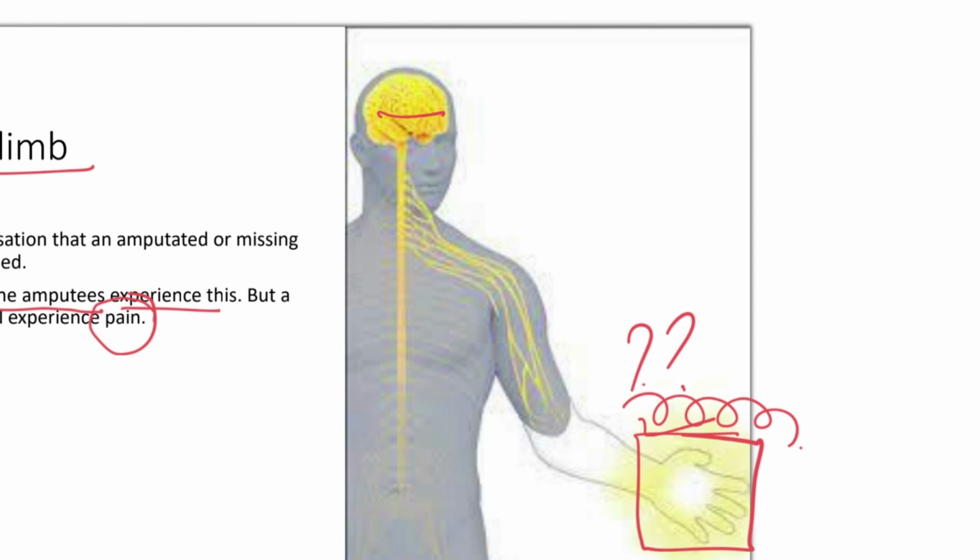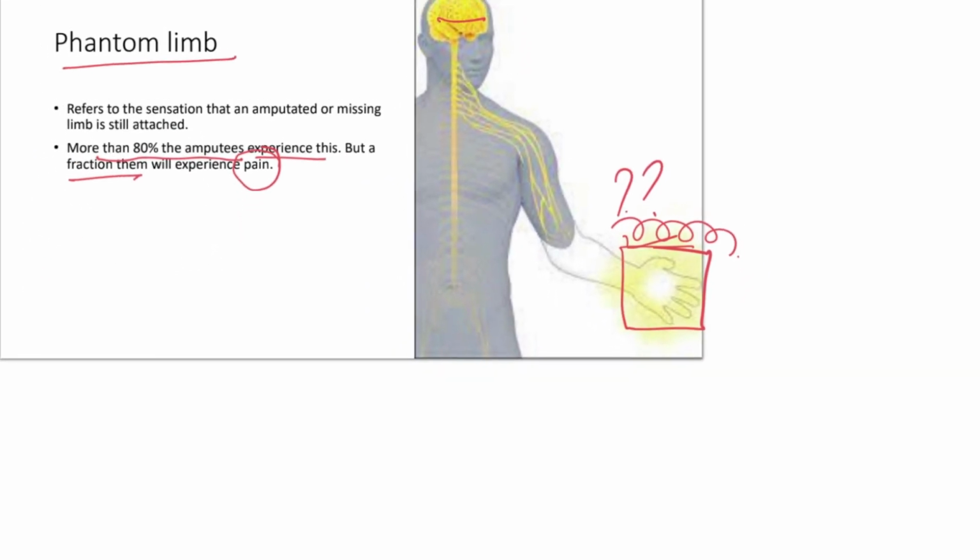But anyway, if one is feeling pain in an arm that is not there, what it means is that pain is always in the brain. So when an arm is cut, we may think that the pain is here and the pain signal is going to the brain and the brain is asking the person to do something. It doesn't seem to be so.